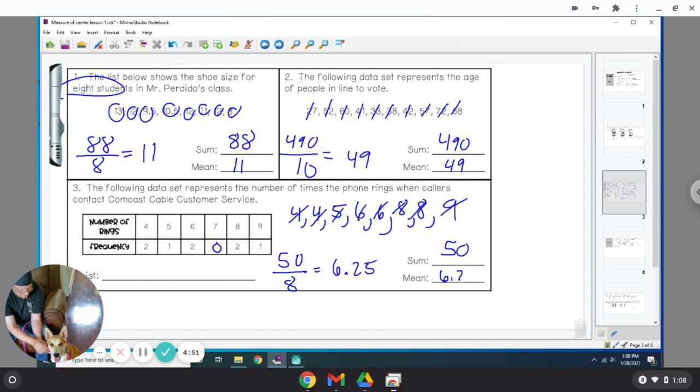That means the average number of rings at this cable customer service is 6.25 or 6 1/4. And it is okay to get a decimal as an average.